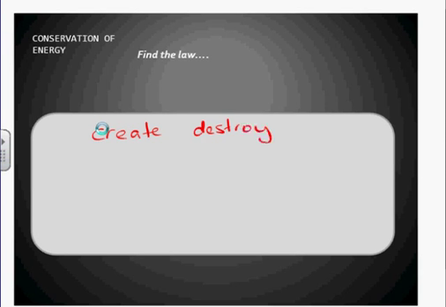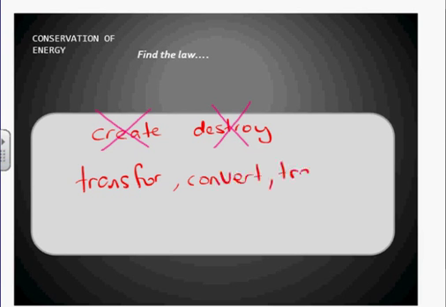What can we do? We can only transform it, or in other words, convert or transfer it to other forms.